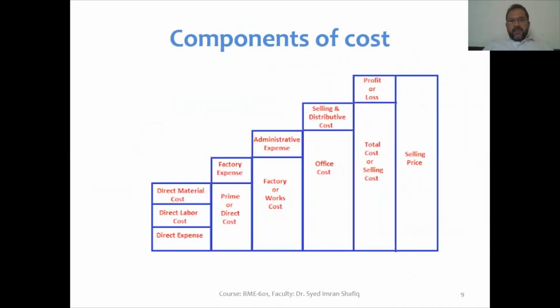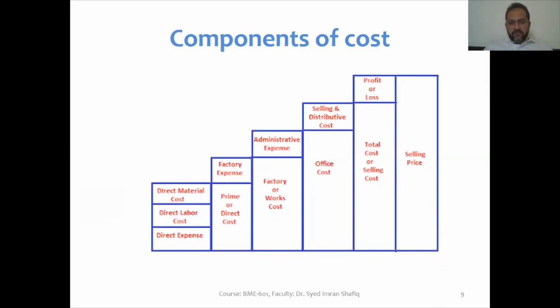Now, the next topic is the components of the cost. What are the different components of a cost? As we have already discussed, there are three elements of a cost. For example, direct material cost, direct labor cost, and direct expenses. These three direct costs are summed together to give the prime or direct cost. When to this prime cost we add factory expenses, we get factory cost or works cost.